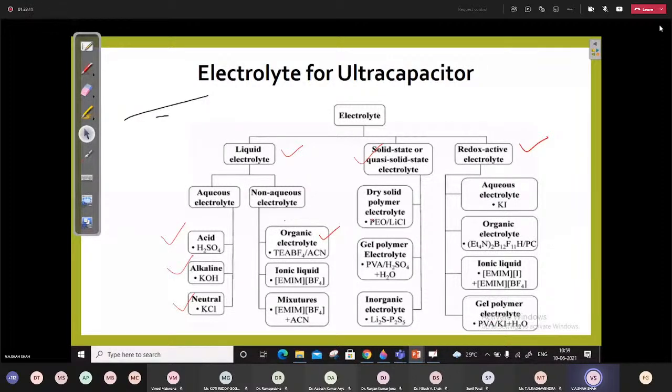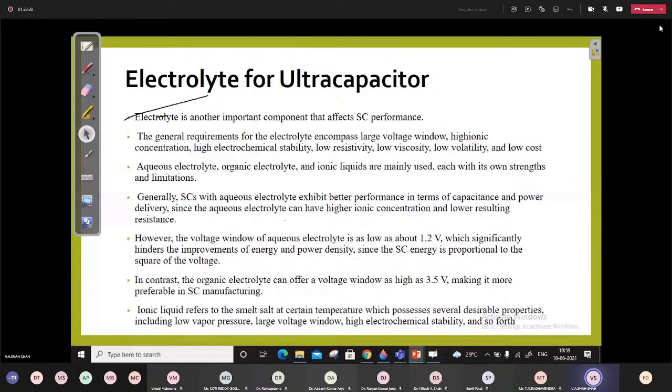These electrolytes are another important component that affects the SC performance. The general requirements for the electrolyte encompass a large voltage window, high ionic concentration, high electrochemical stability, low resistivity, low viscosity, low volatility, and low cost, because they determine the voltage window. Aqueous electrolyte, organic electrolyte, and ionic electrolytes are mainly used.